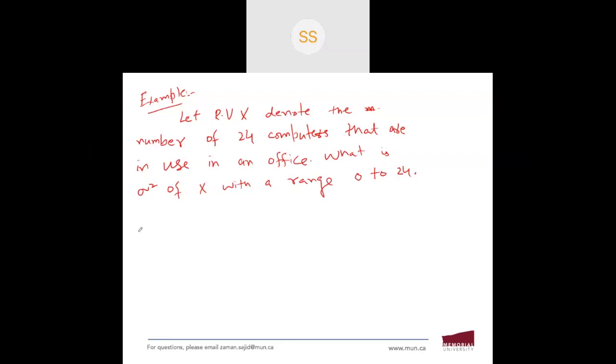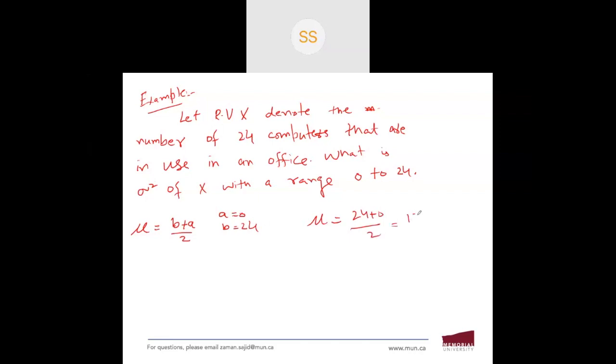So we just look at the formula. The mean is b plus a over 2. Now in this given problem, our a is 0, it is starting from 0, and b is 24. You can easily calculate your mean value, which will be 24 plus 0 over 2.